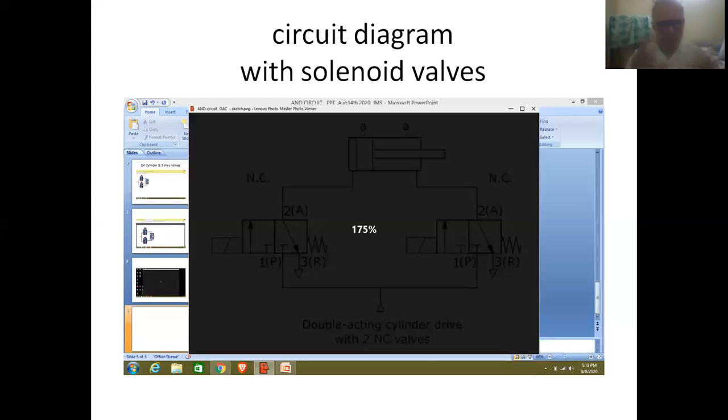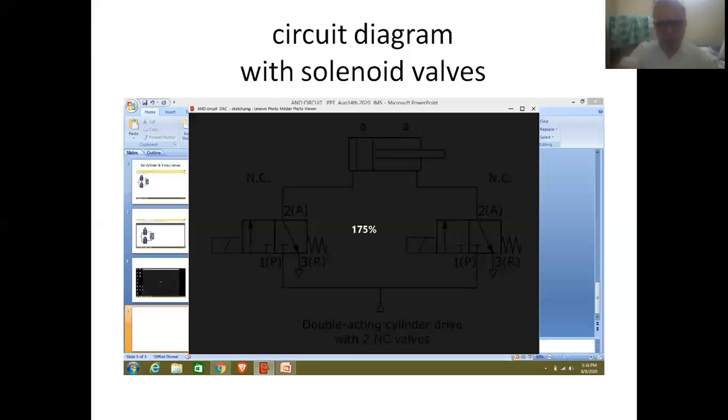So friends, this way we have to realize the meaning of these terms. And these valves are provided with three ports and two positions. So therefore, they are referred to as three-way two-position valves. Simply, they are referred to as 3x2 valves.